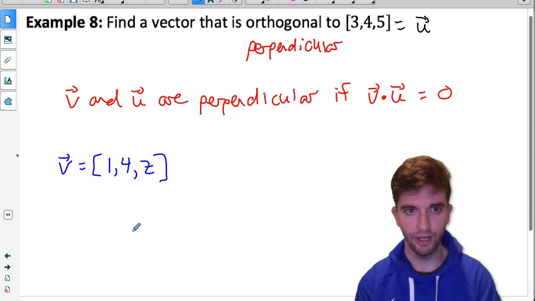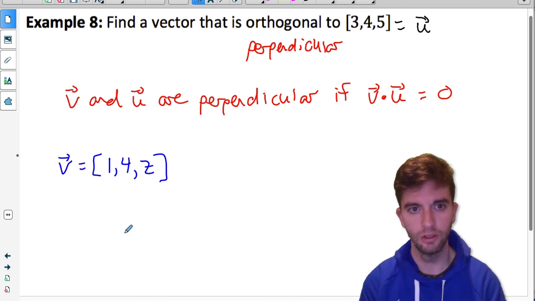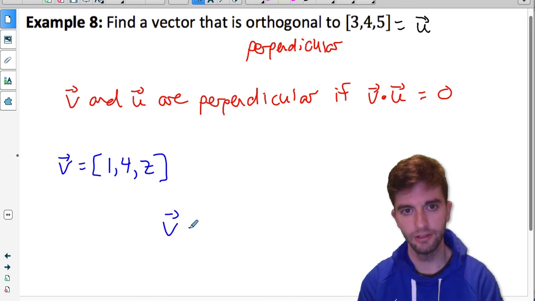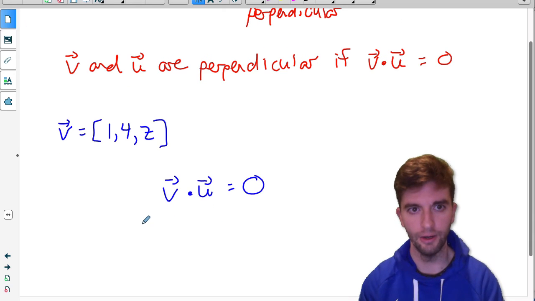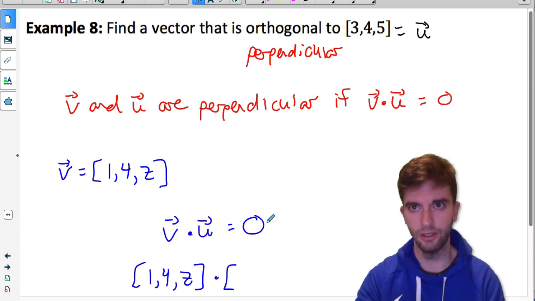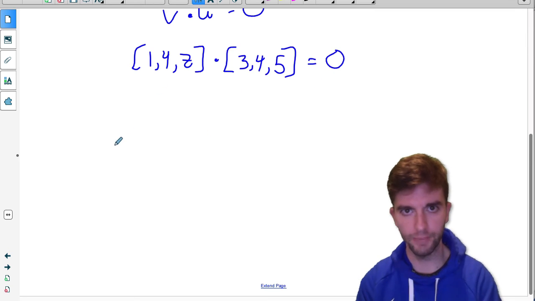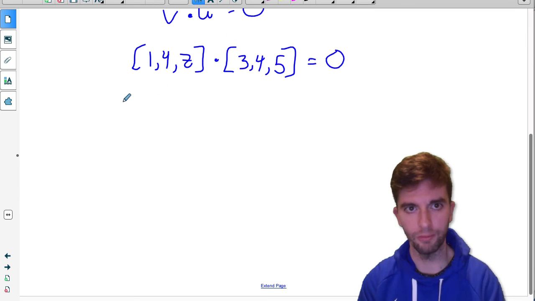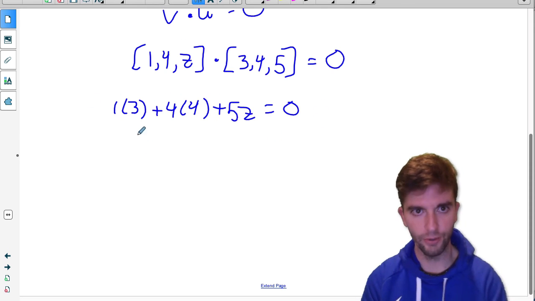So now I can set up my equation. Vector v dot vector u has to equal 0. So I know that vector 1, 4, z dot vector 3, 4, 5 has to equal 0. And how do I do the dot product of two vectors? I multiply the x components, plus multiply the y components, plus multiply the z components, and now I can solve this equation for z.